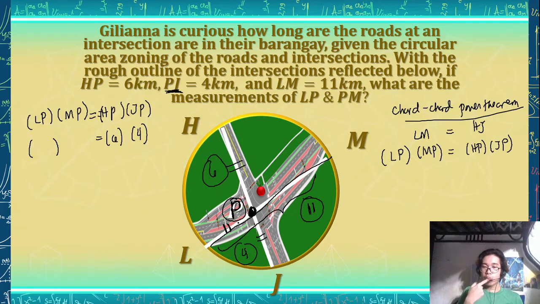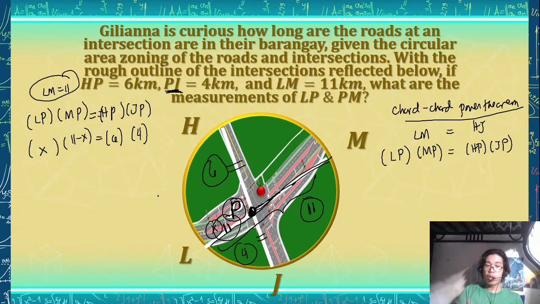For this problem, since we know that the entire line segment LM is equal to 11, we can say that LP could be X, and MP, this line segment here, could be 11 minus X, since LP is just a part of the entire thing, which is LM.